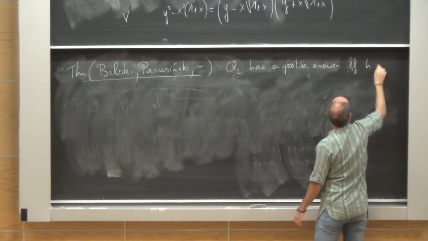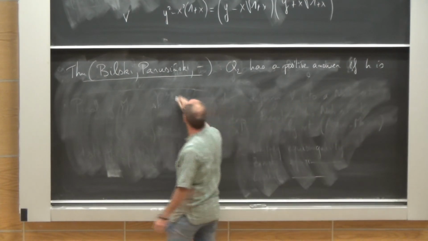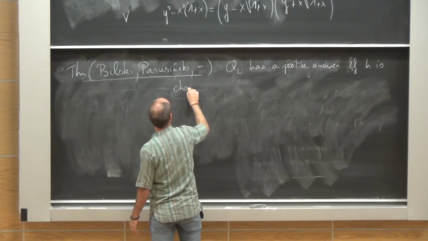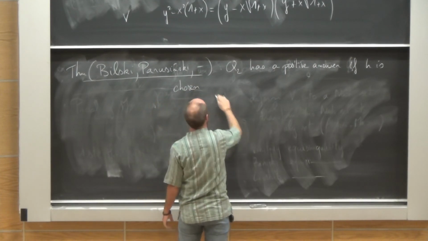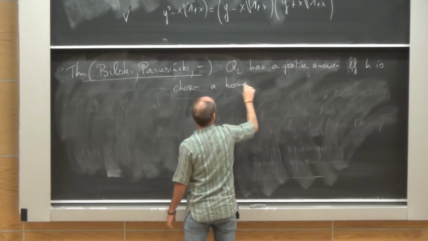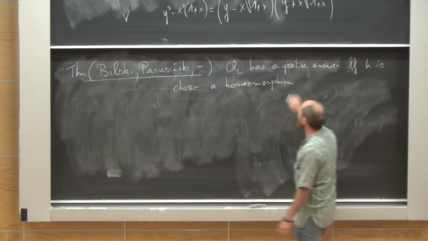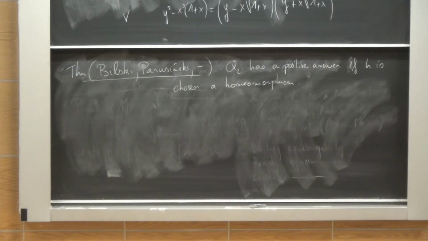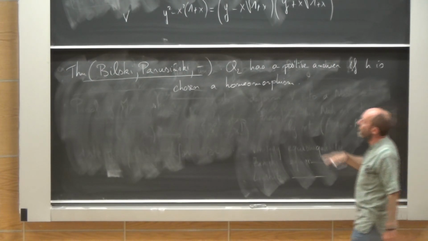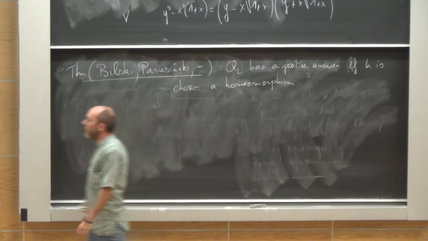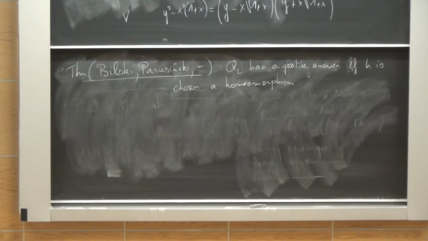If H is chosen as this homeomorphism. So the proof is based on the same ideas of Mostowski, but it's a bit more complicated because we need to deform the graph of the function f.